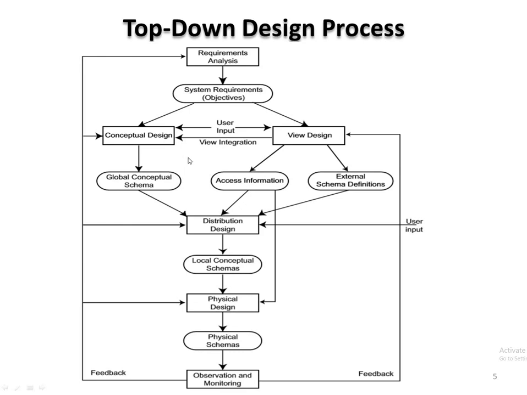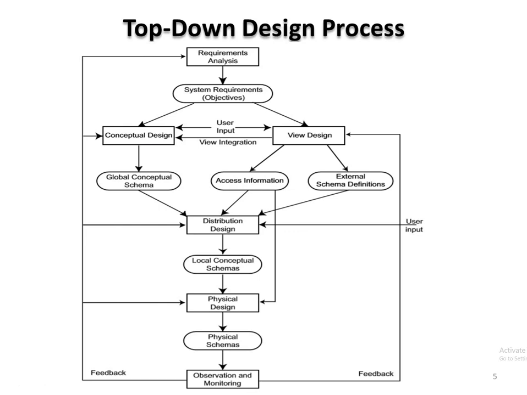Then this requirement document is given as input to two parallel activities: view design and conceptual design. View design defines interfaces for end users, and conceptual design determines the entity types and relationships among these entities. It also determines the fundamental functions for that enterprise environment.